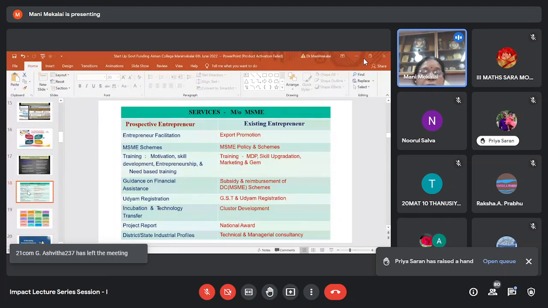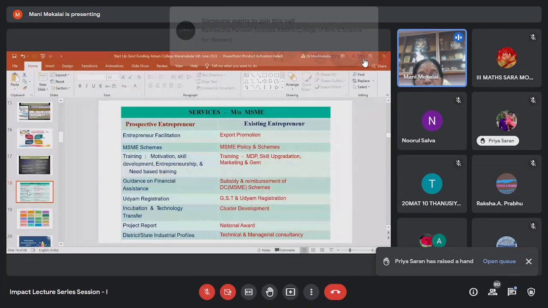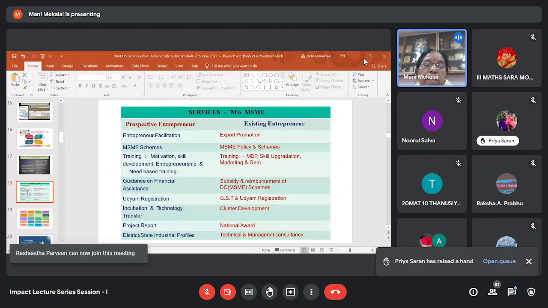So, entrepreneurial facilitation, MSME schemes, training, guidance on financial assistance, Udyam registration, incubation, technology transfer, project report, state and district industrial profiles. So these are all required for a prospective entrepreneur. You have to go and apply at the District Industries Centre, which is one nodal agency where, in a single window system, they capture all the needs.